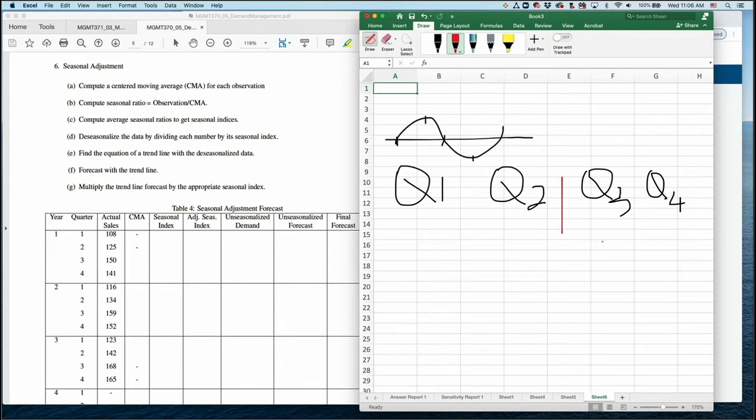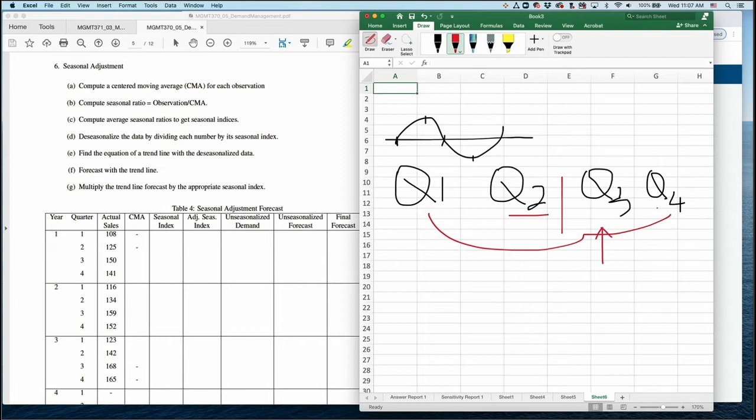So if Q3 is our center, then if you take into account these 3 periods, it's not balanced. From the Q3 case, we need a balanced period. We have Q2 and Q4, one period early and one period later.